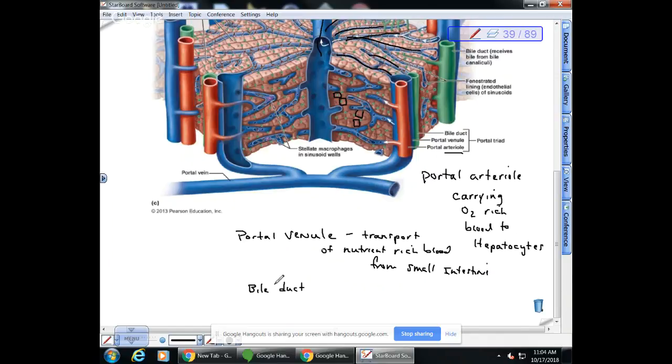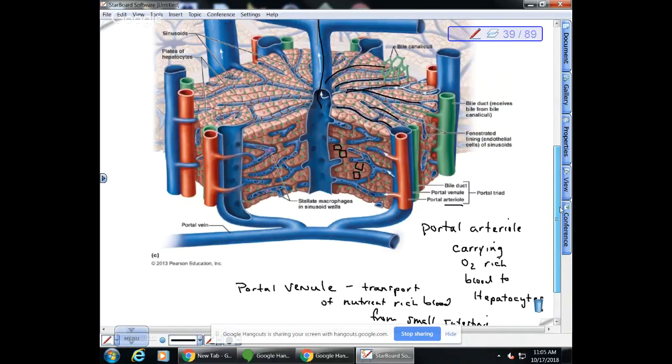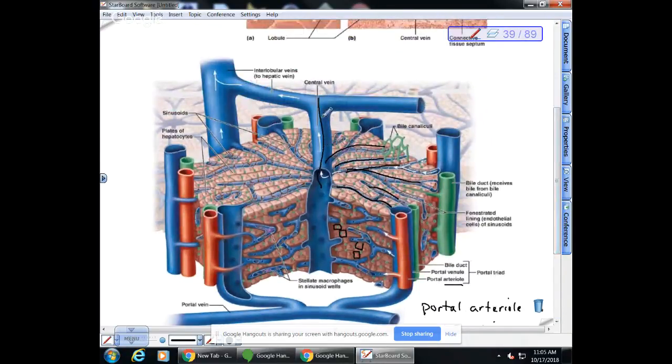And so the vessel that is going to carry the blood out of the lobule is called the central vein. So the central vein carries processed blood out of the lobule. In this particular instance, it would be right here, the central part.